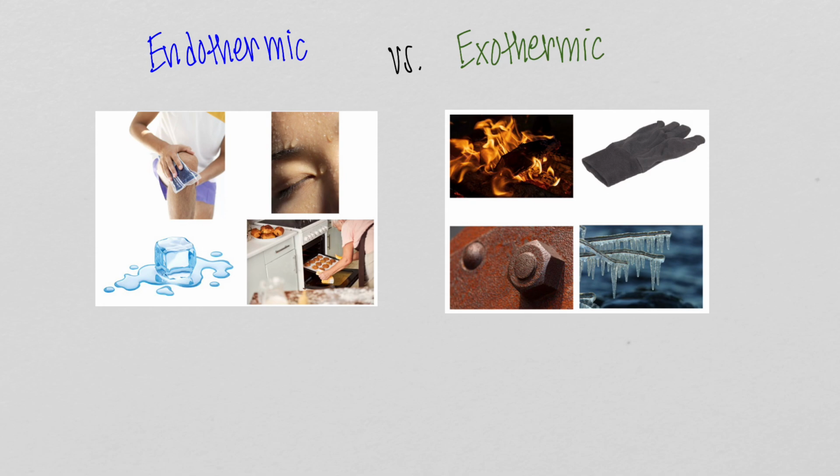So endothermic, what does endothermic mean? Endo, this part here, means inside. So what does that mean? In terms of heat, it's going to be absorbing heat. So in endothermic reactions or endothermic processes, you have heat absorption.